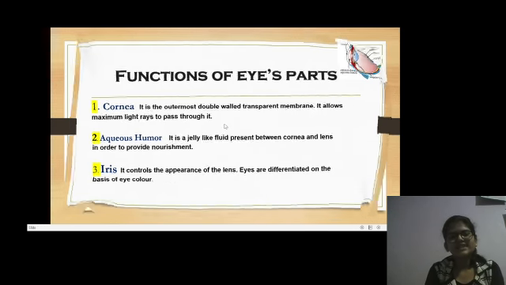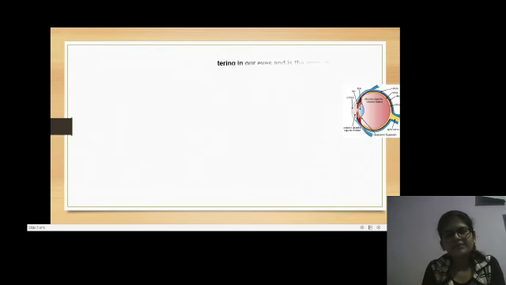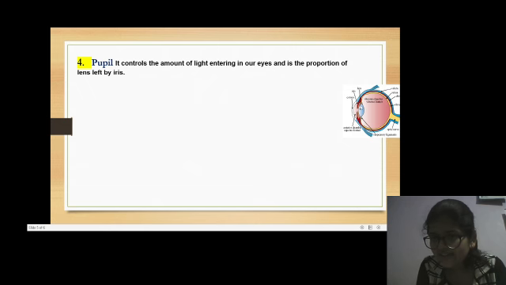So the next thing we will learn about is pupil. It controls the amount of light entering our eyes and is the opening left by the iris. We can see that here it is not labeled.